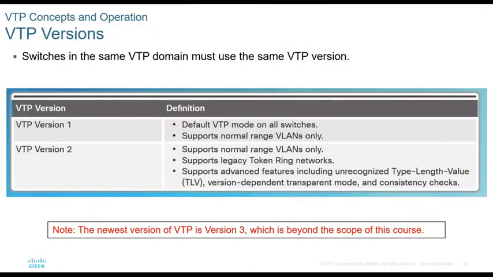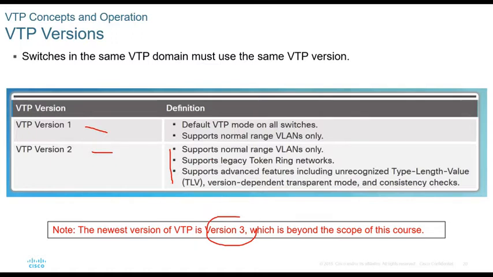So let's take a look at the different versions. In CCNA3, we're going to use versions 1 and 2. Though we already have the newest version of VTP as mentioned here, version 3, unfortunately it's not part of this course yet. As you can see, the difference between the two versions is that version 2 just supports more of the protocols or the standard.